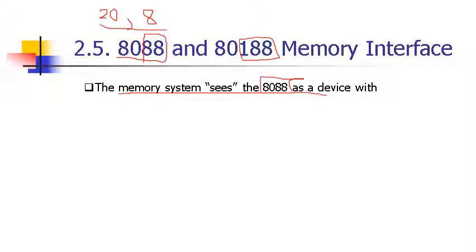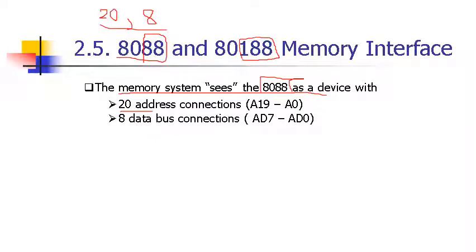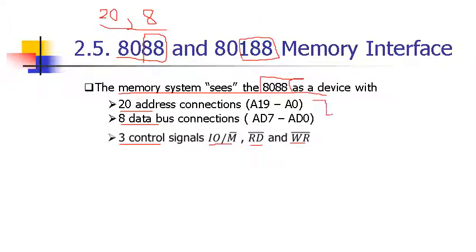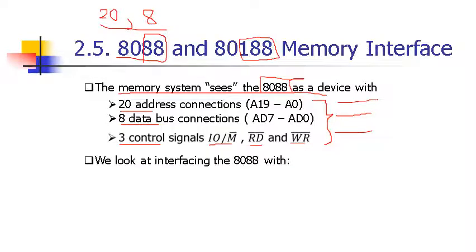They get communicated with the processor through 20-bit address connections, an 8-bit data bus, and 3 bits as control signals, for memory read and write. So this is from the point of view of memory. We communicate with the processor through address bus, data bus, and control bus.